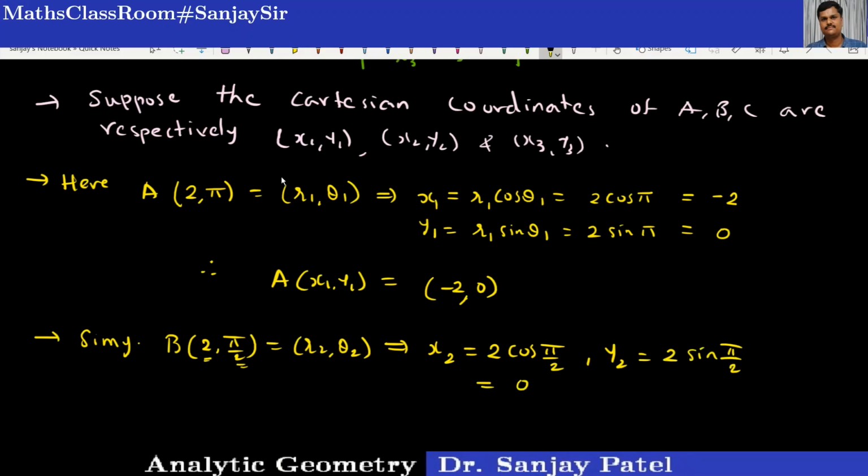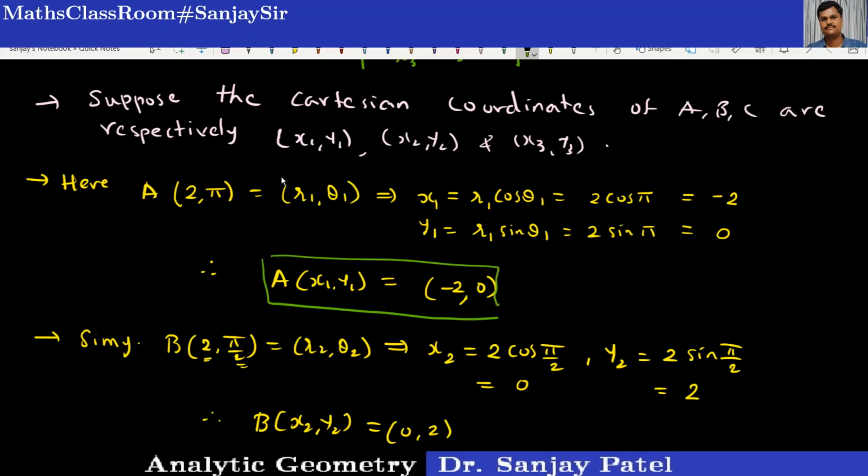So this is nothing but 0 and this is equal to 2. So the Cartesian coordinates of the second point B are 0 and 2. Okay, so we have obtained these two things. Let me put this in a box so we can identify it. This is B, x2, y2, that is 0 and 2. Let us find the remaining point.